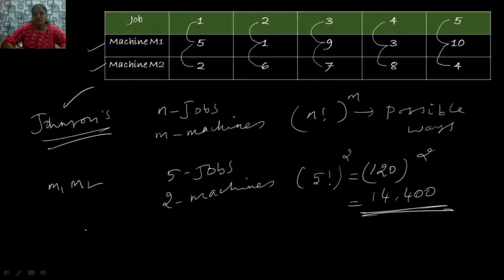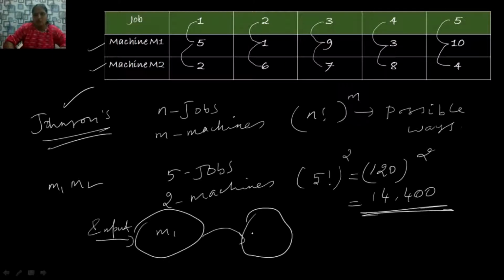Suppose we are given an input; it has to be processed on machine M1, move on to M2, and complete its processing time on M2, and only then do we get the output. So for a given input, it has to be processed on the 2 machines M1 and M2, and the processing times are given for each job.